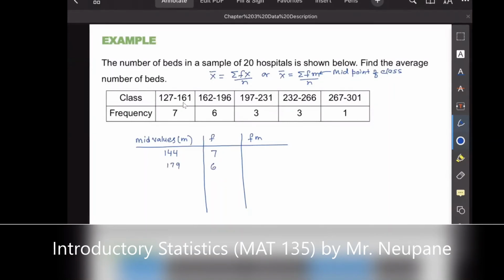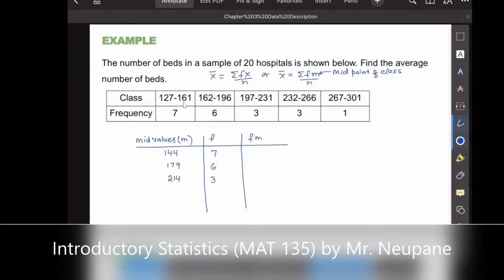Next we have 197. Please do it along with me. 197 plus 231 and divide that by 2. What is the result? 214. Okay. Next is 232 plus 266 and divide that by 2.